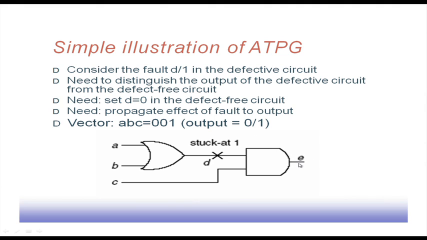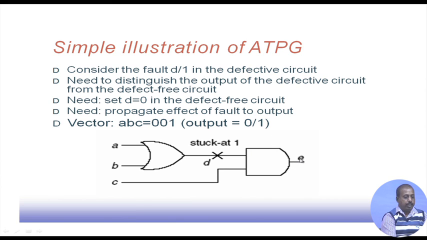So, if you are trying to check E stuck at 0, then this pattern 0 0 1 will make the output 0. So, if you are trying for E stuck at 1, this particular pattern is sufficient to detect the fault.